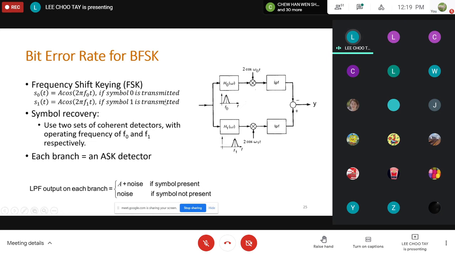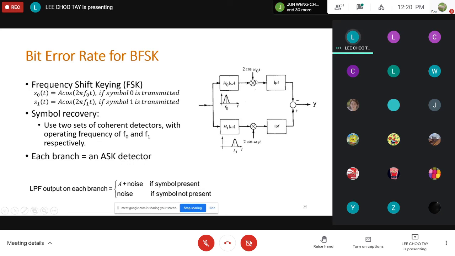recall that we send zeros and ones using different frequencies, right? For coherent detection, we use two sets of coherent detectors. Each coherent detector consists of a bandpass filter to allow only the frequency of the binary data that we send.